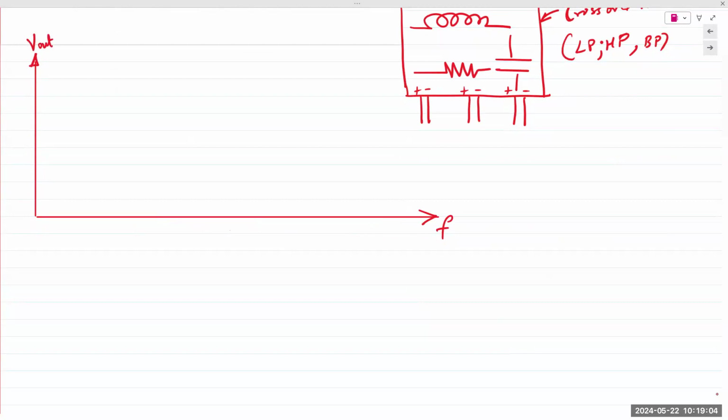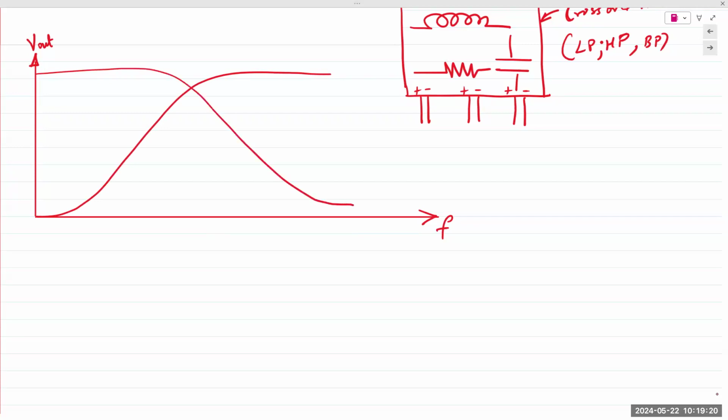Doesn't really matter. High pass. Low pass. So this is low pass filter. This is a high pass filter. Right? High frequencies are passed, and the low frequencies are passed.